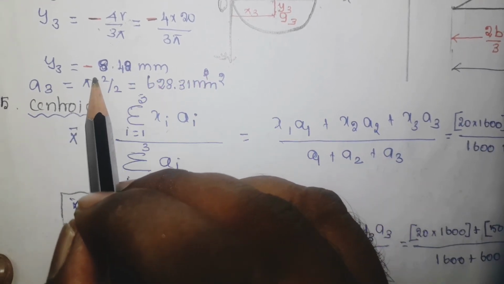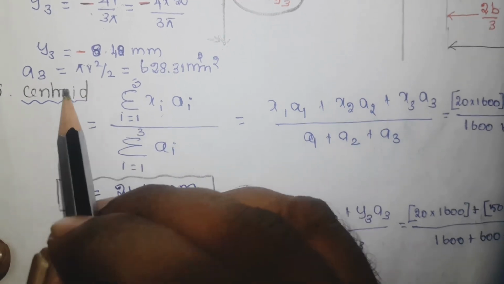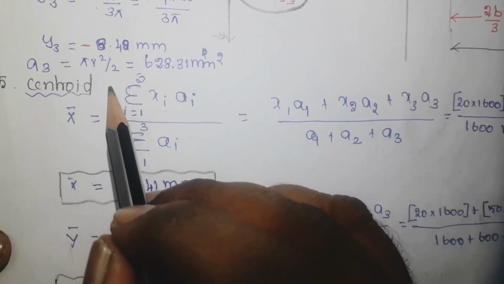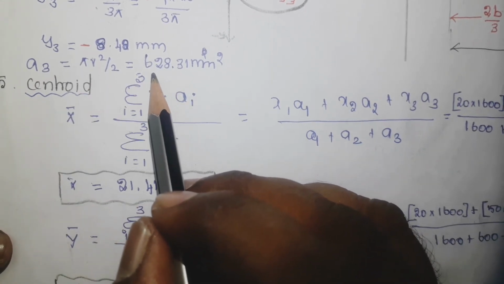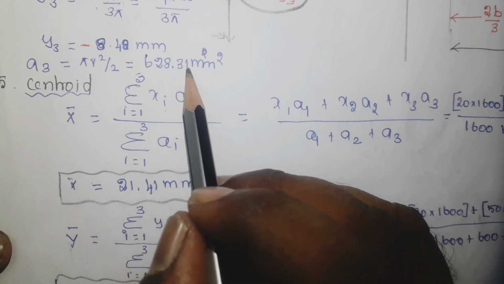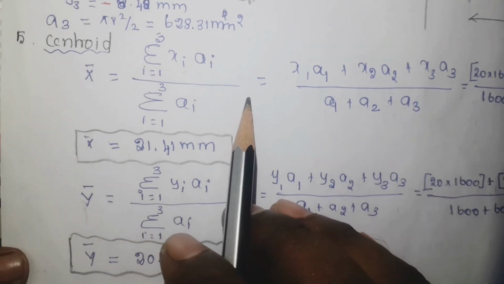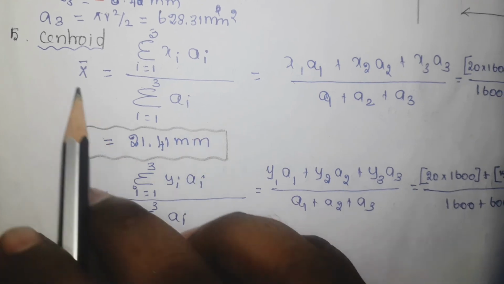Make sure that here y3 equals minus 8.48. Then the area is equal to pi r square by 2, and you got the answer as 628.31 mm square.